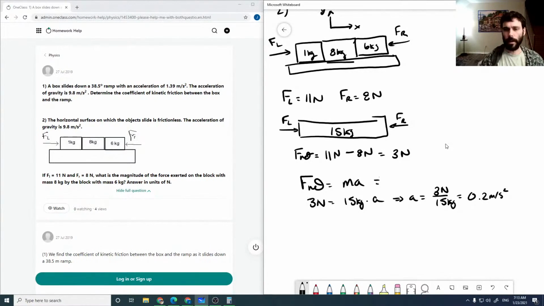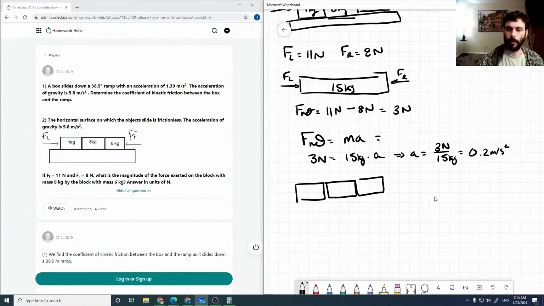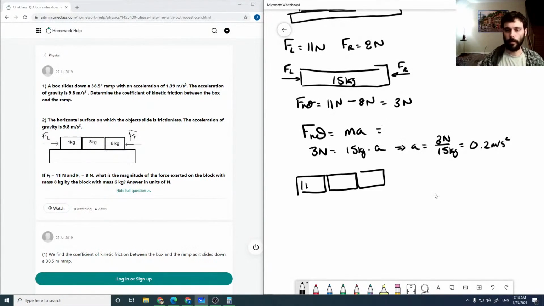So we can get all of our net forces now on our individual blocks, as they're all traveling with this same acceleration. So F net for our 1 kilogram is equal to 1 kg times 0.2 meters per second squared, which comes out to be 0.2 newtons.